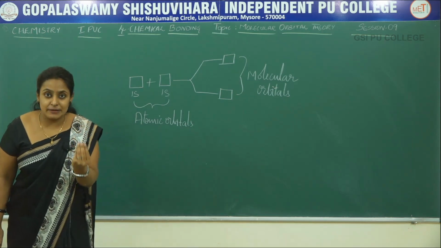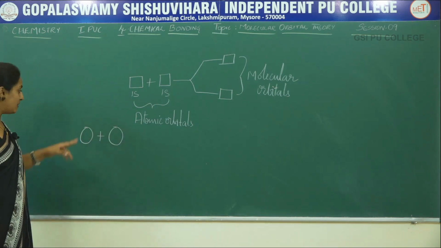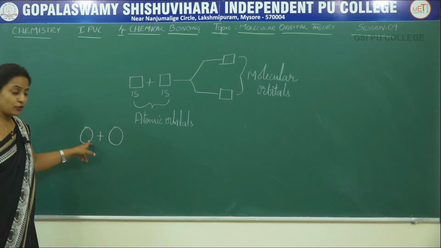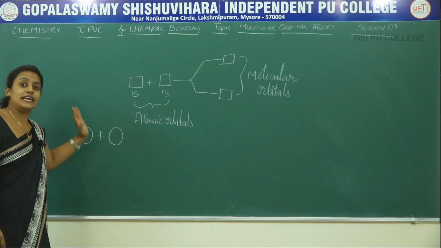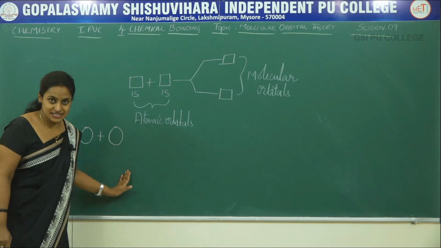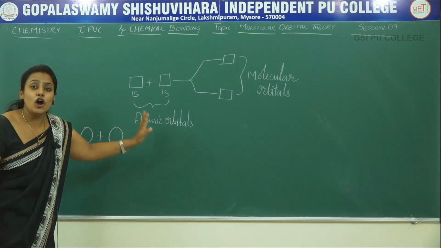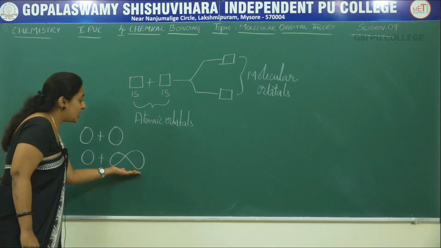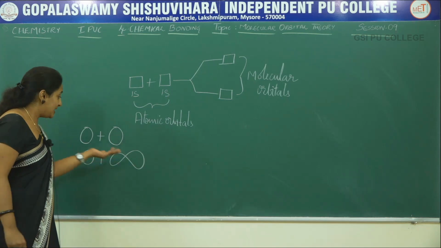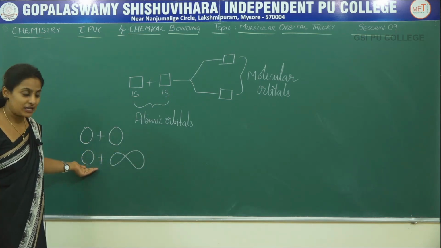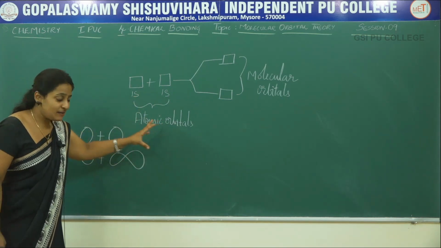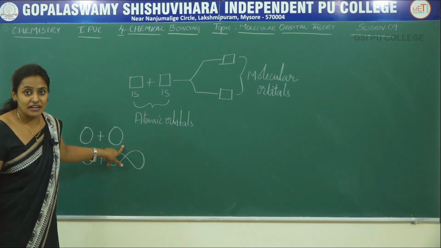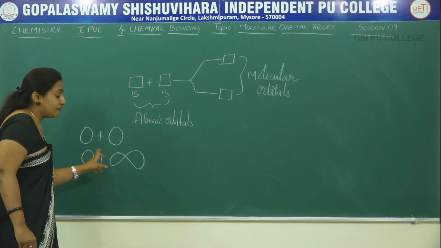What do you mean by same shape? You can observe here, this is the shape of the s orbital. From this you can know that the s orbital can combine with the s orbital itself. The s orbital cannot combine with the p orbital because you can observe here the shape of the p orbital is dumbbell and the shape of the s orbital is spherical. So, according to this theory, atomic orbitals possessing the same shape can combine with each other, whereas here there are different shapes.